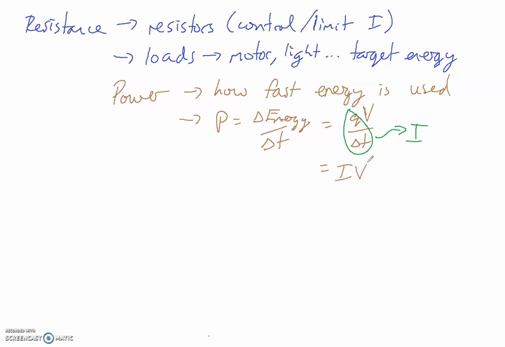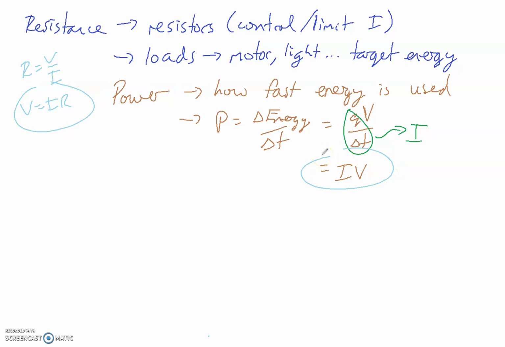So you'll often see power written as current times voltage. Not only are current and voltage really commonly used in Ohm's law to find resistance, they're also definitely connected to power. Ohm's law says resistance is equal to V over I, or rearranged, V is equal to I times R. These two expressions are often spliced together for power.